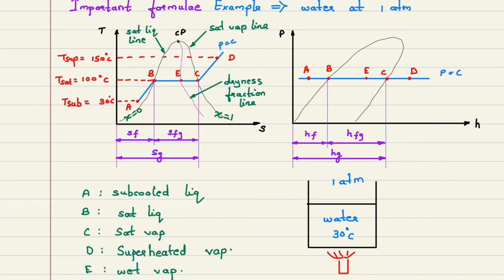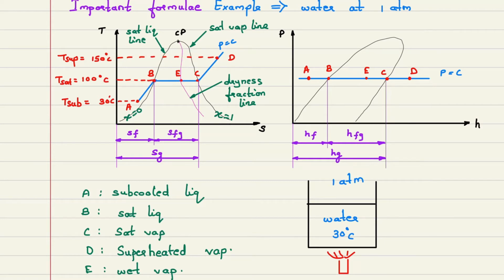So when 100% liquid gets converted into 100% vapor, dryness fraction is 1, and here dryness fraction is 0. Now from here we can define what is degree of superheating. So degree of superheating will be T-sup minus T-sat. In this case, it will be 150 minus 100, 50 degrees Celsius.